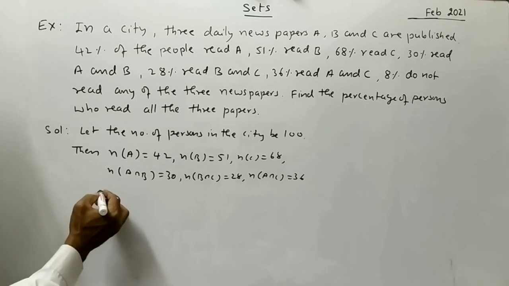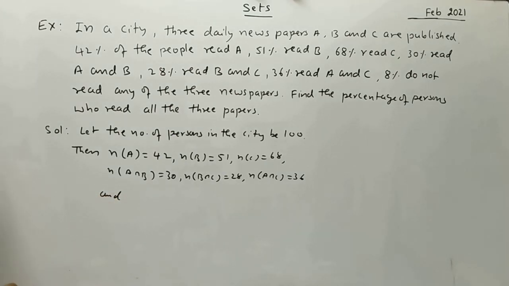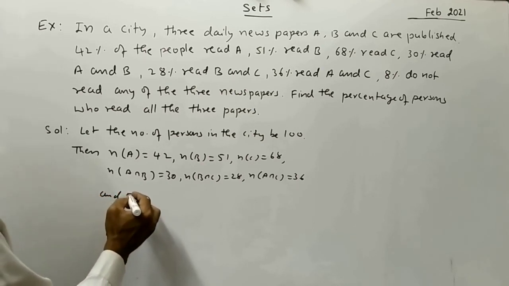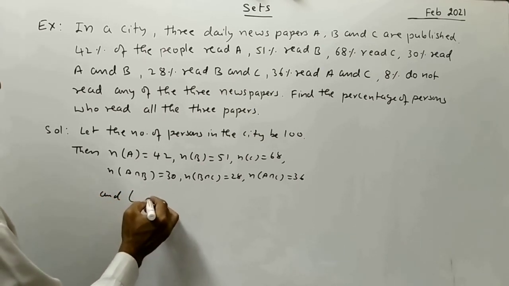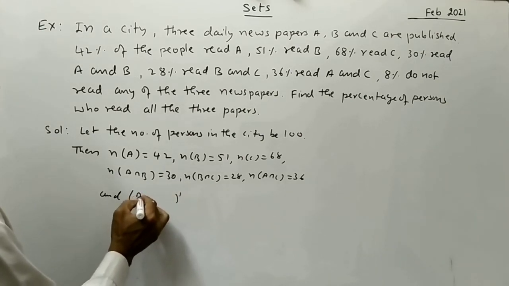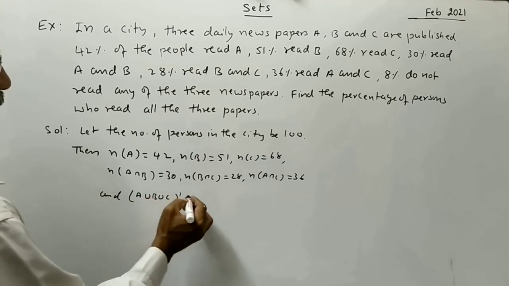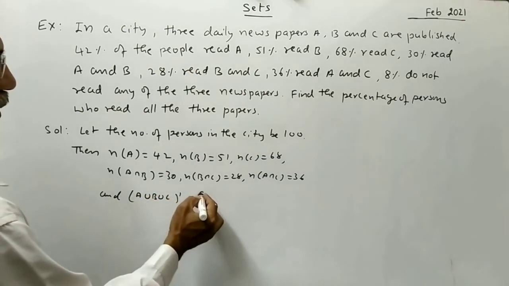And 8% do not read any of the three newspapers. It means complement of A union B union C is given as 8.